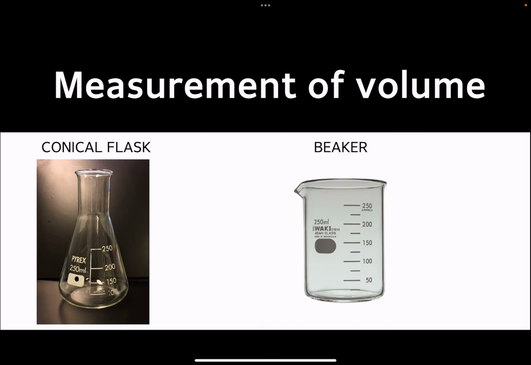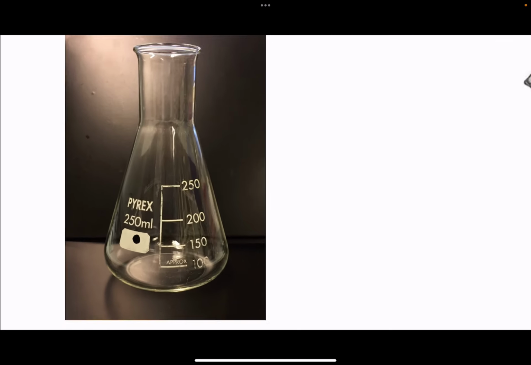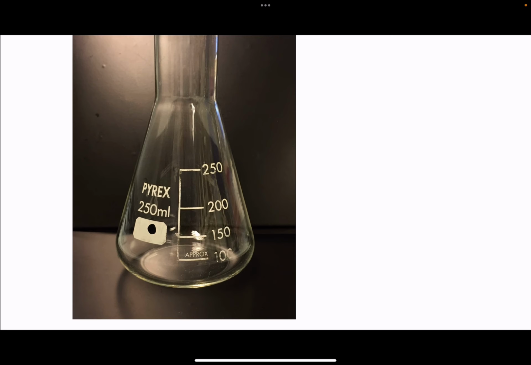Okay, so here I have conical flask and beaker. Okay, why do I show them in the same frame is because these two apparatus will only give you approximate volumes. Okay, so whatever volume they measure, they are never highly accurate. Okay, let me just explain to you why is that so. Now I'm going to blow up conical flask, and you take a good look at the marking.